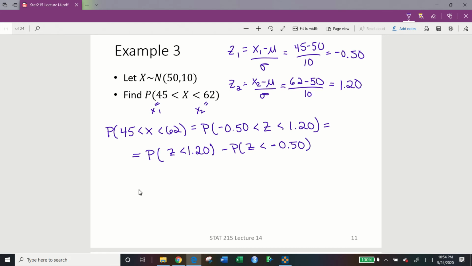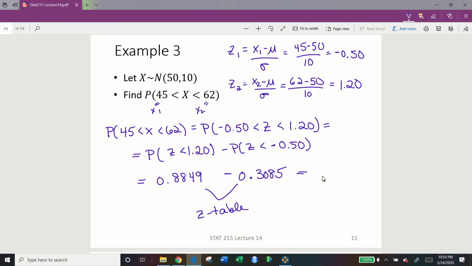Using our z-table, we will get the probability of z less than 1.20 to be 0.8849, and the probability of z less than negative 0.50 to be 0.3085. And again, these two values come from our z-table.